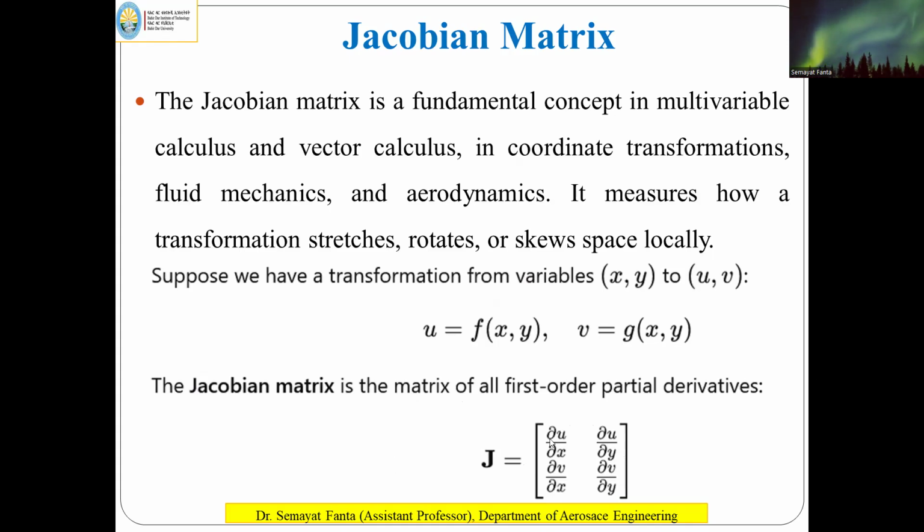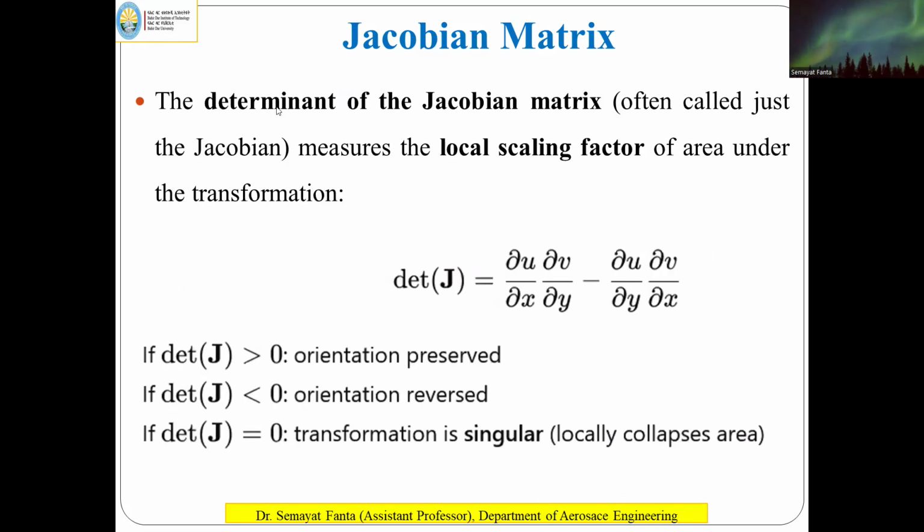Okay, from the Cauchy-Riemann equation, we can develop the Jacobian matrix. The determinant of the Jacobian matrix measures the local scaling factor of area under the transformation.